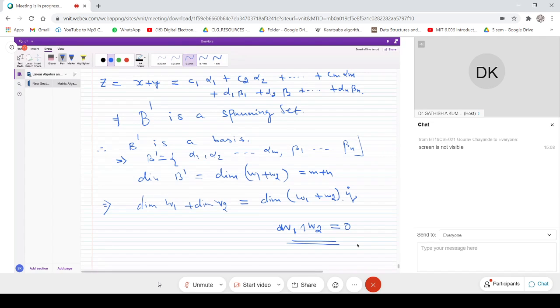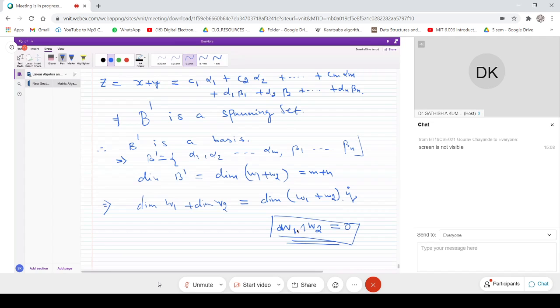So now we can write a more general form of this theorem. Because we were imposing the condition that w1 intersection w2 is 0. Suppose we don't assume that condition, then you will also have the dimension of w1 intersection w2.